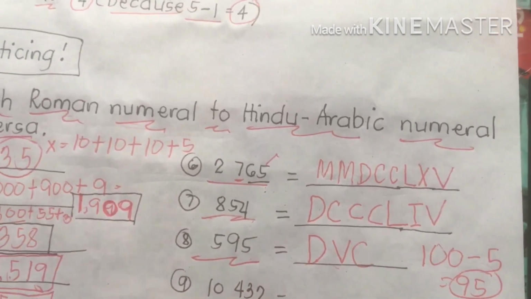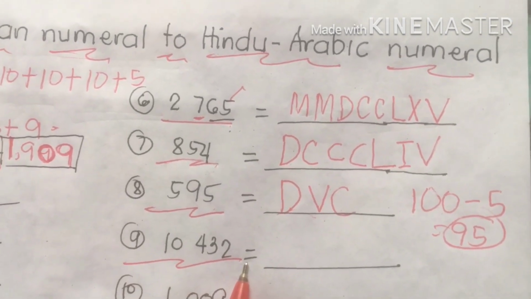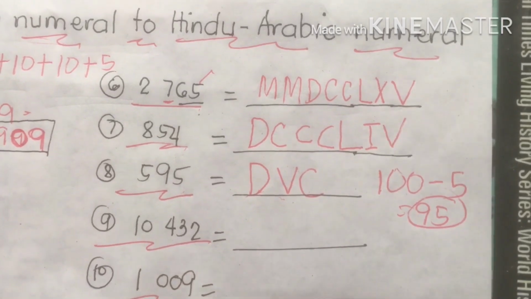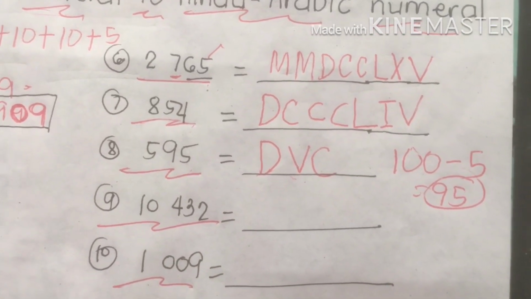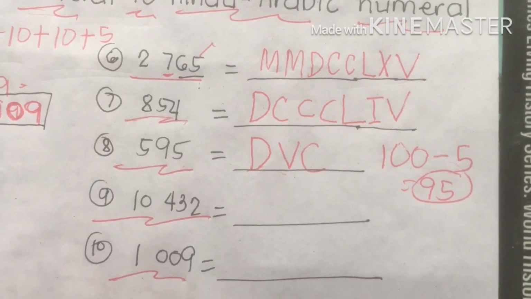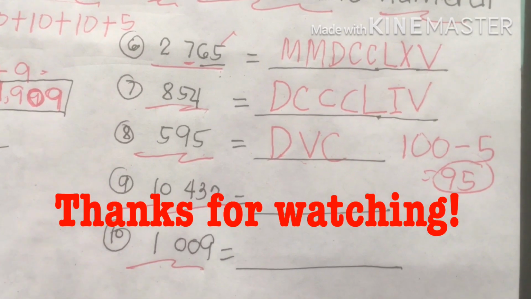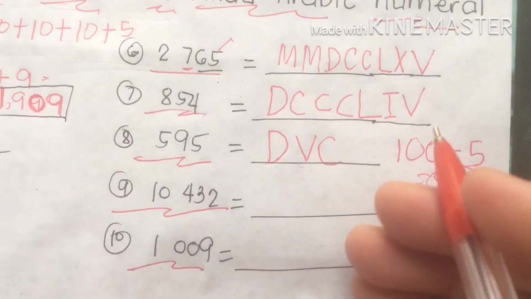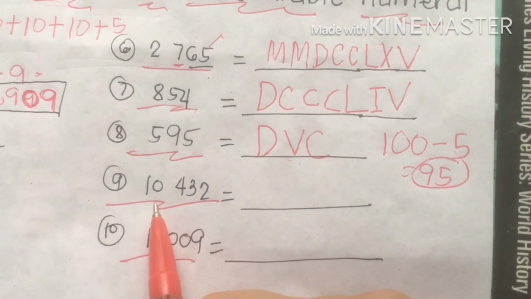Next, guys, is 10,430, my dear students, and 1,009. Okay, so here we have 10,000, remember, so we can write it, and then 1,009 also. So first here, we're going to find out 10,000.